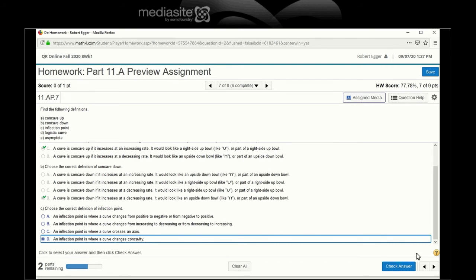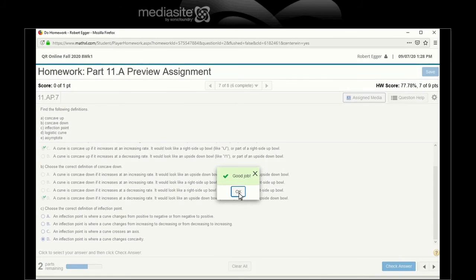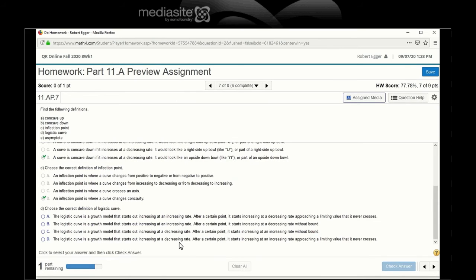Changes concavity. A and B could have been used if they had slightly different wording. But the key word here for inflection point is change of concavity. That was very important.